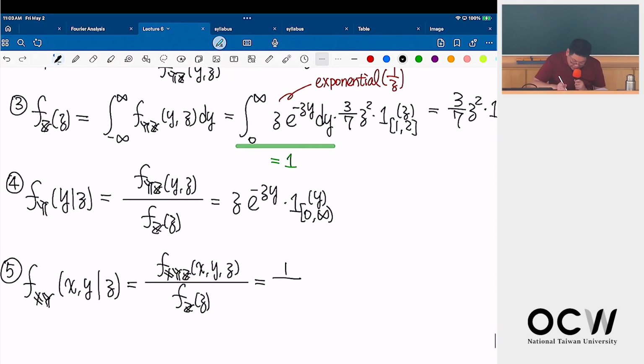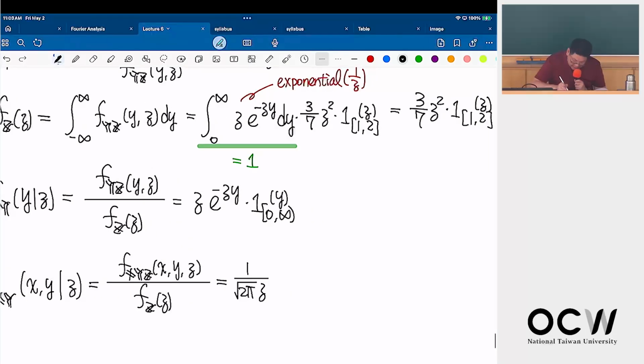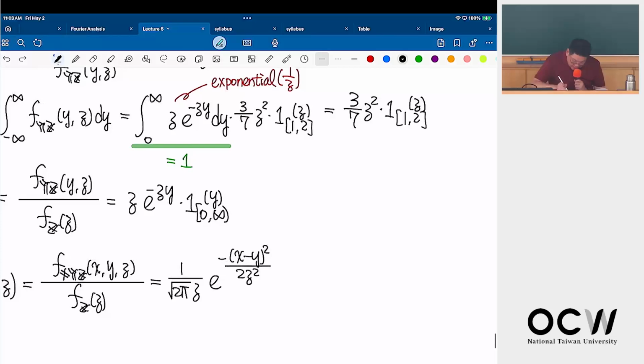And you have 1 over square root of 2 pi times z, and the exponential to the power minus (x minus y) squared divided by 2z squared, and then times z times e to the minus zy, and the y is from 0 to infinity.